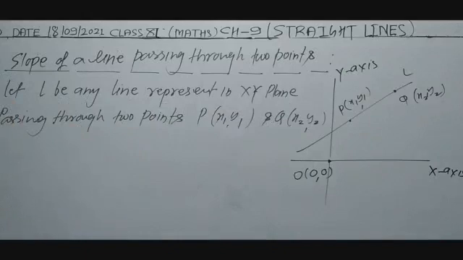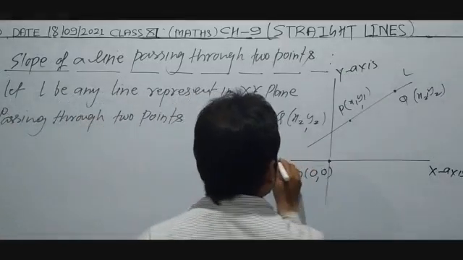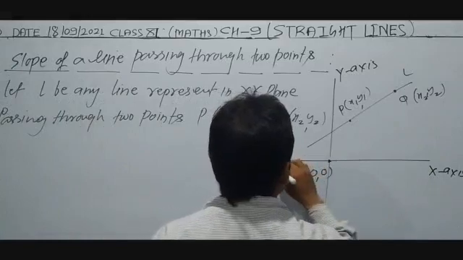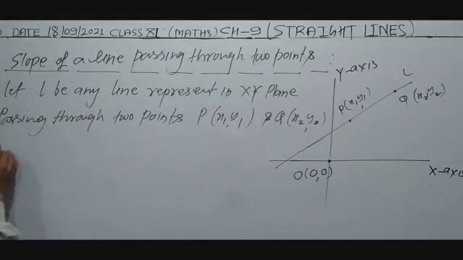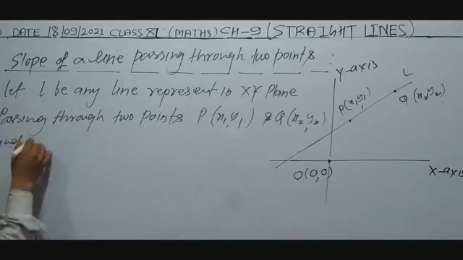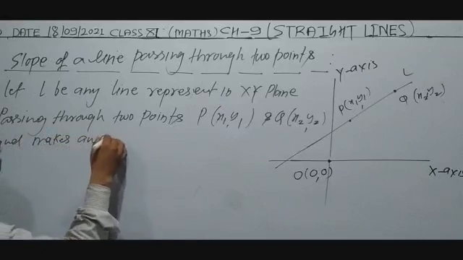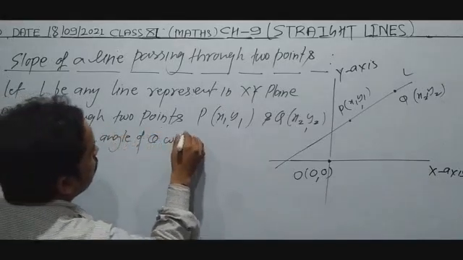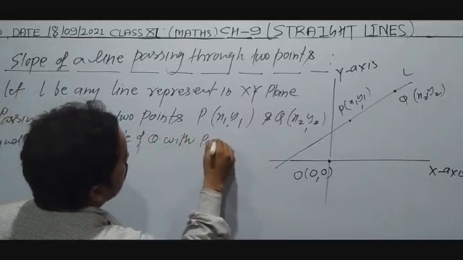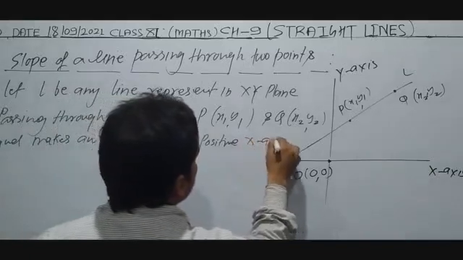Now we have to find its slope. Suppose it makes an angle of theta with the positive x axis.